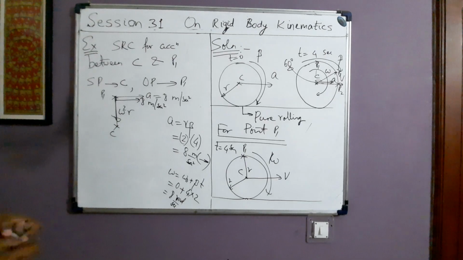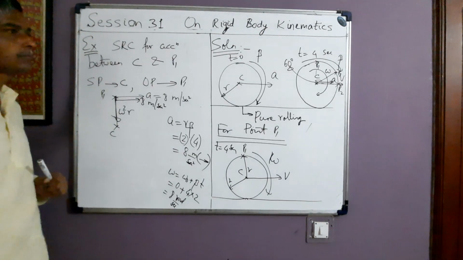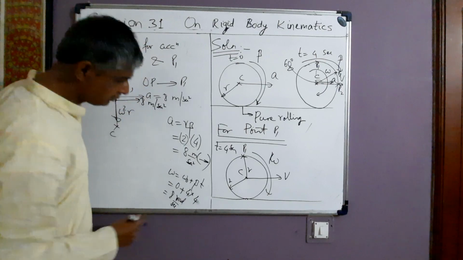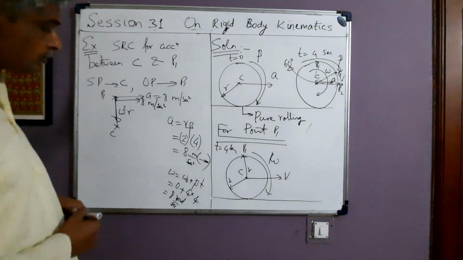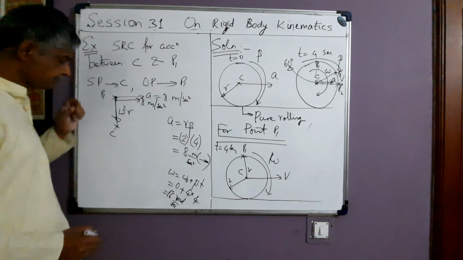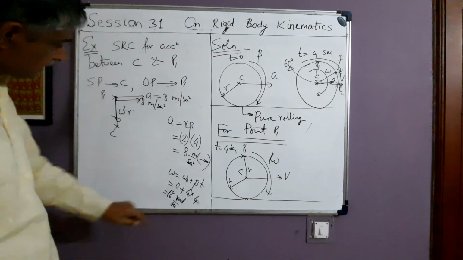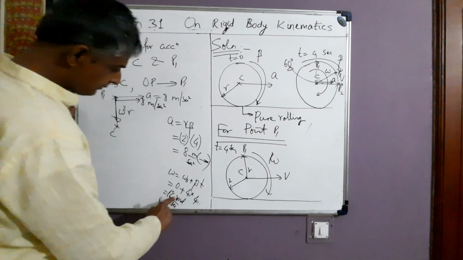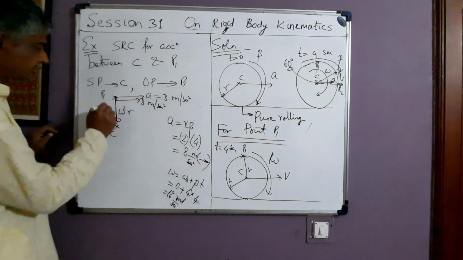Omega square becomes 256. R is 2 meter. 256 into 2, 512 meter per second square.